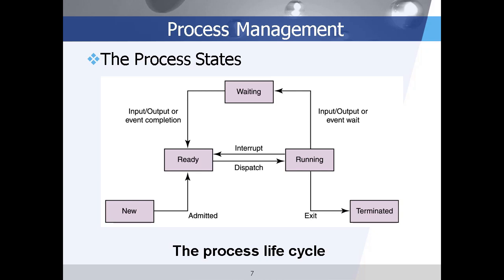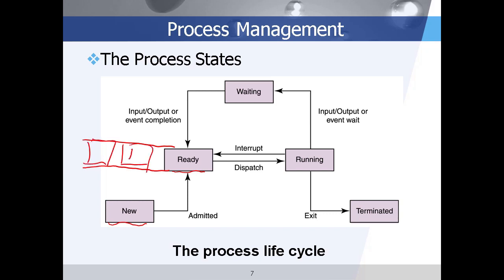First of all, a new process will be in the new state, and then it will go into the ready state directly because it's ready for running. Suppose you have only one CPU and multiple processes. All of the processes that are in the ready state will be waiting in the queue.